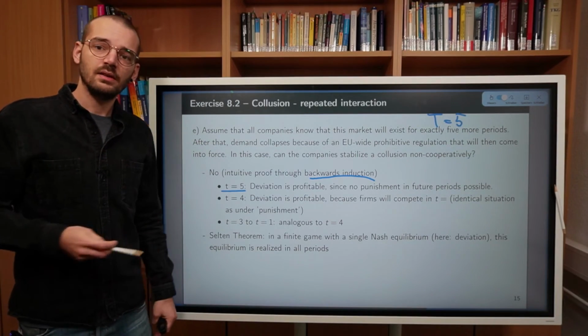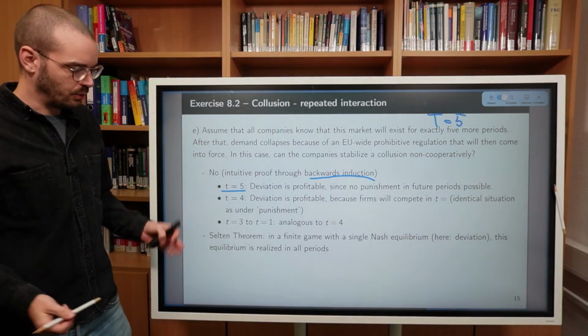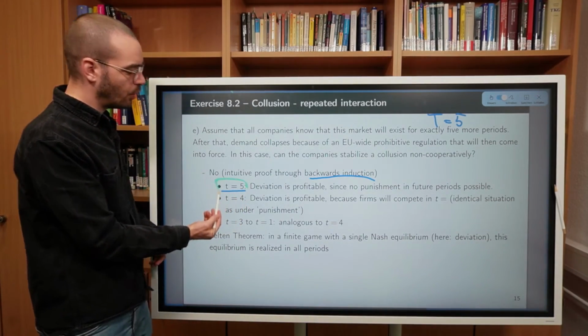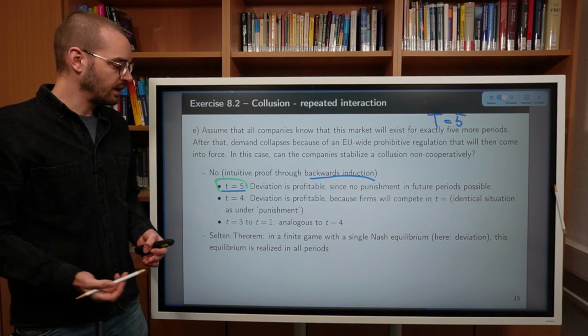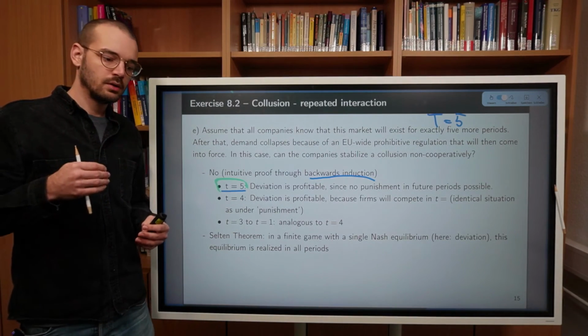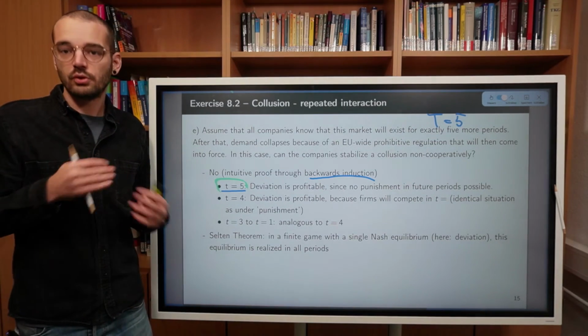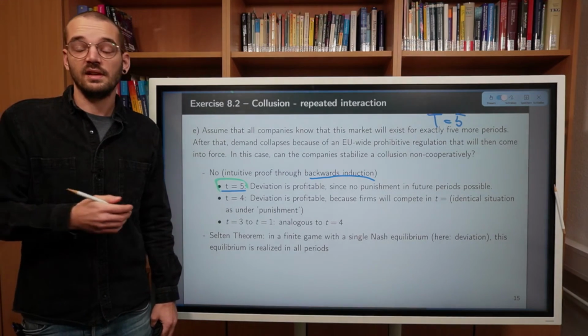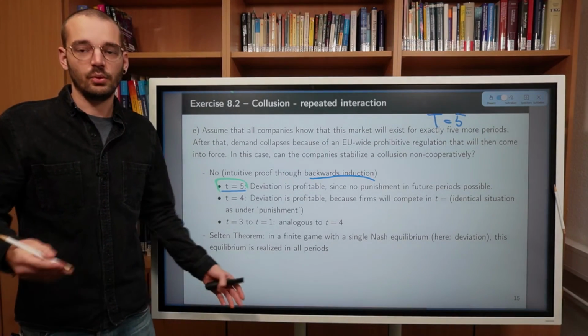And as we have seen earlier, in this scenario where there is no tomorrow, so we really are back in the one-shot world, it is always a best response to deviate and to compete, or in other words, to choose the individually profit maximizing quantity.